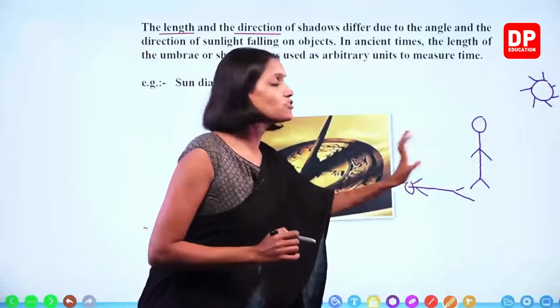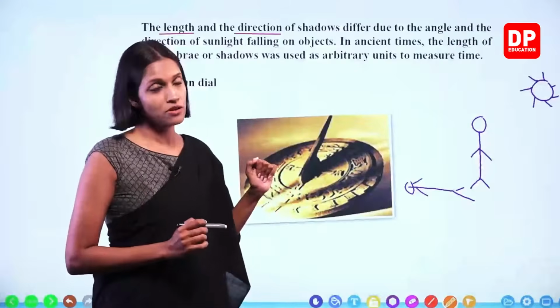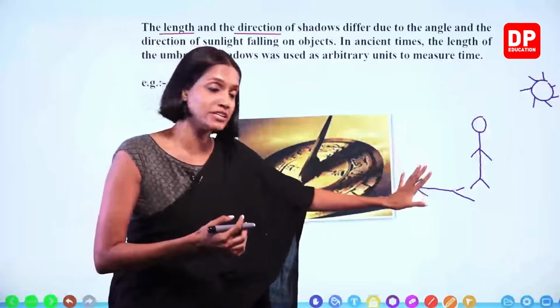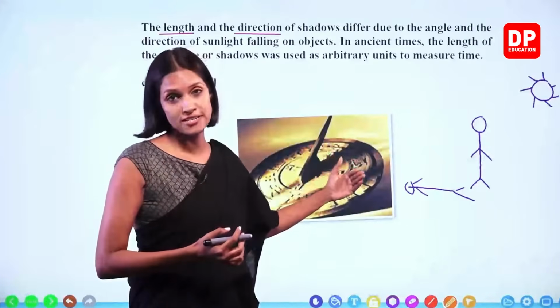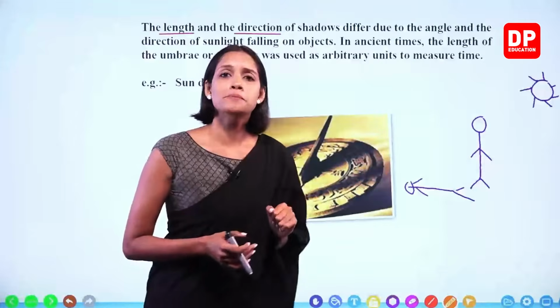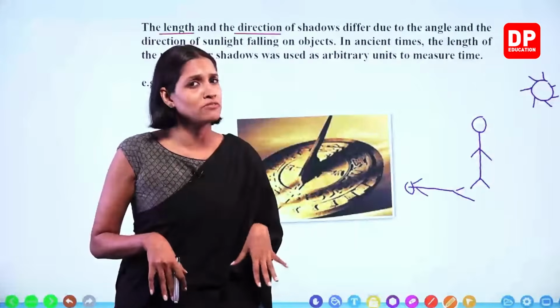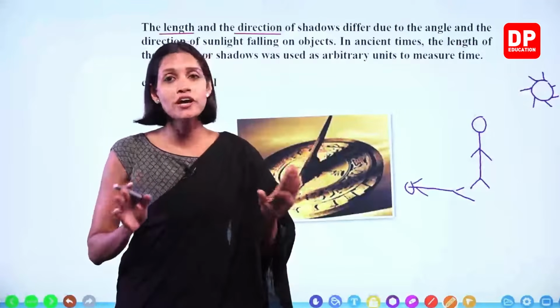So what about the length of the shadow, children? This is also different, children. Because of the angle of the sunlight a certain object gets, the length of the shadow formed is different. Right? So for example, if you go out at noon, what would be the length of your shadow, children? Just go out at noon and observe.